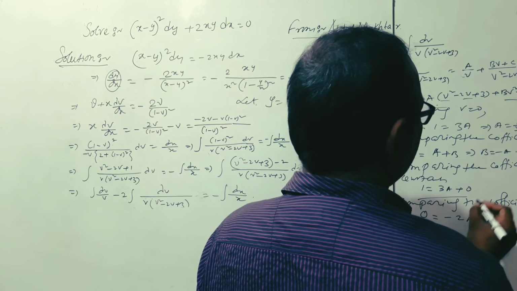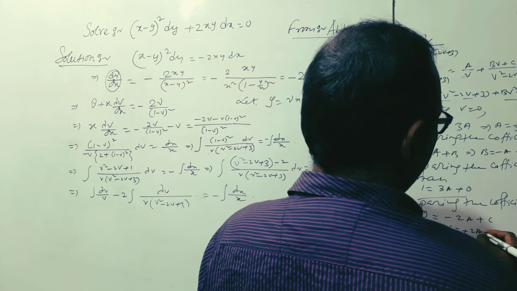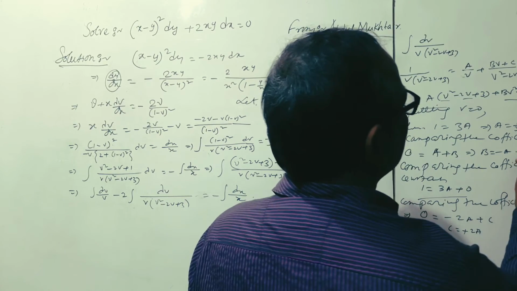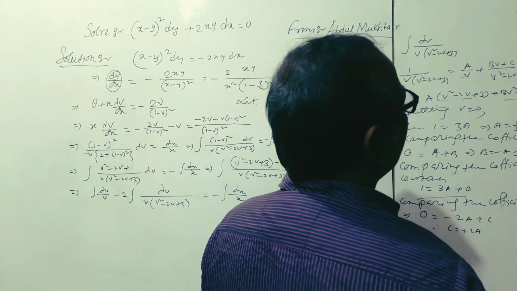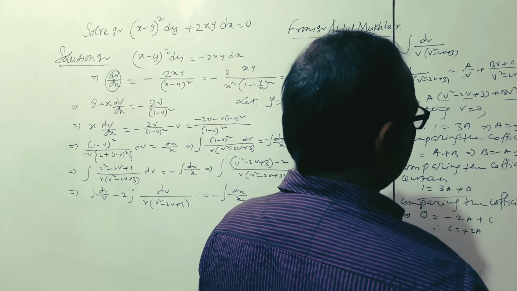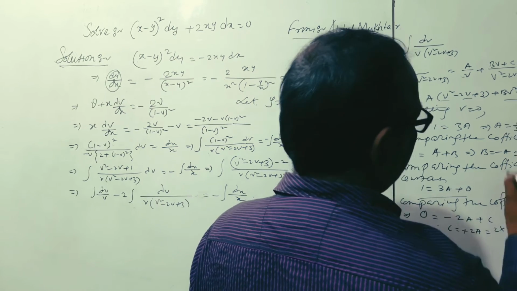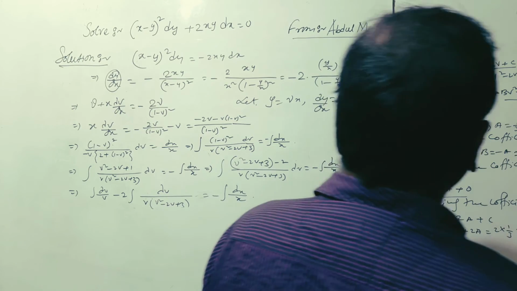Therefore c is equal to twice a. So a is 1/3, then b is minus 1/3, and c is 2 by 3.